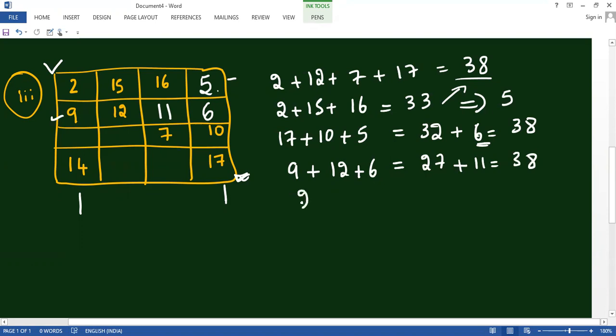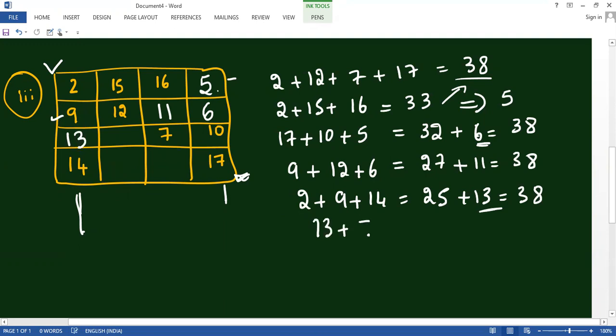And this row, 2 plus 9 plus 14, that is equal to 25. 25 plus 13, that is equal to 38. So 13 will be the answer here. And now we are going to add this row, 13 plus 7 plus 10, that is equal to 30. 30 plus 8 is equal to 38.